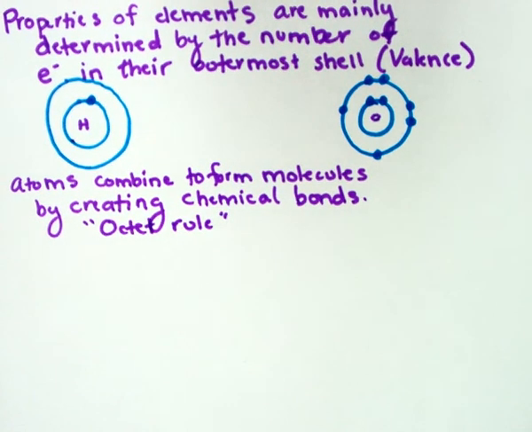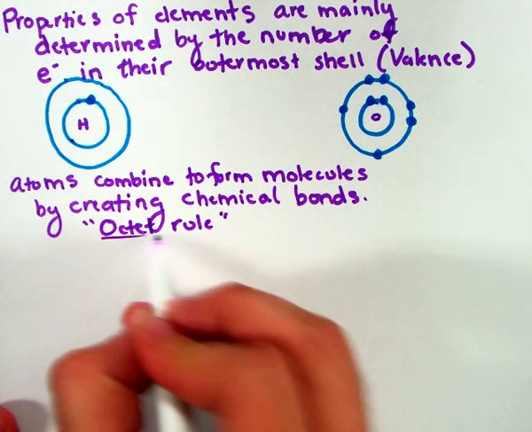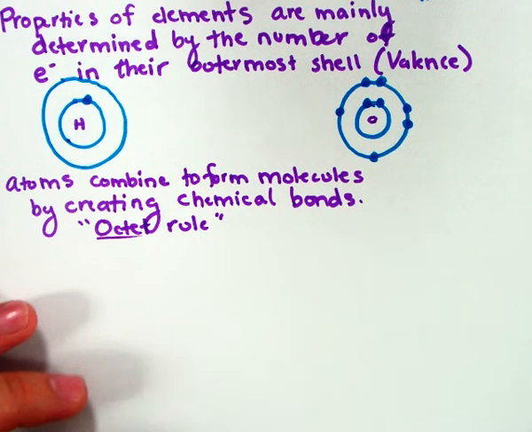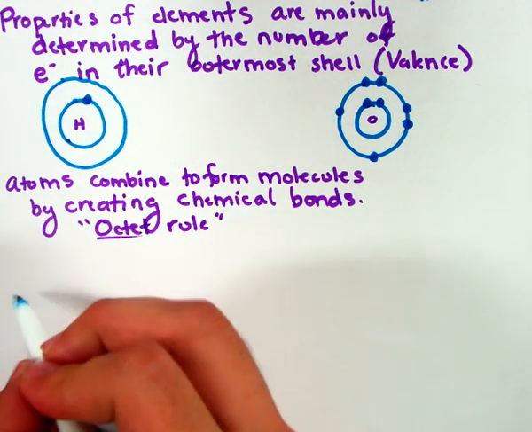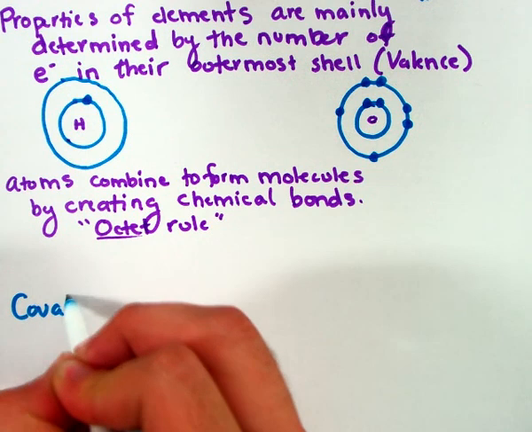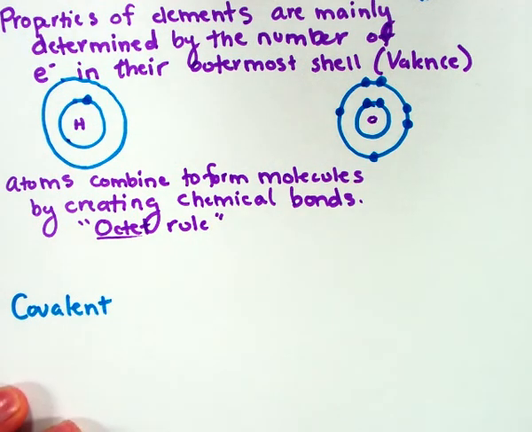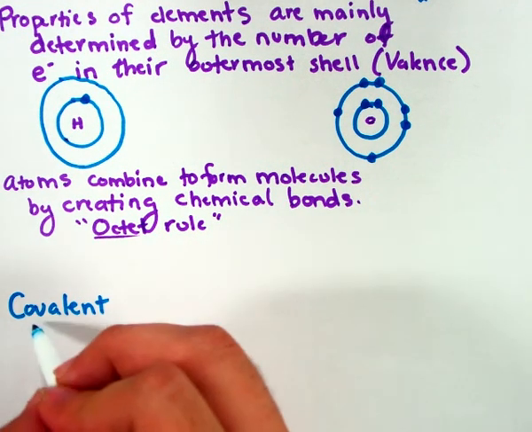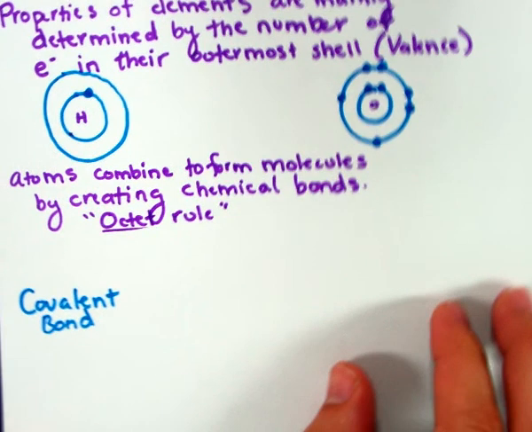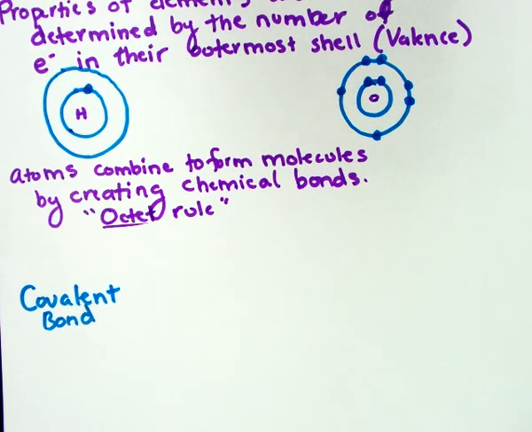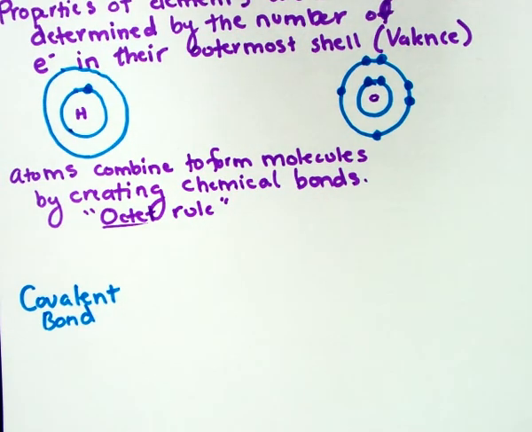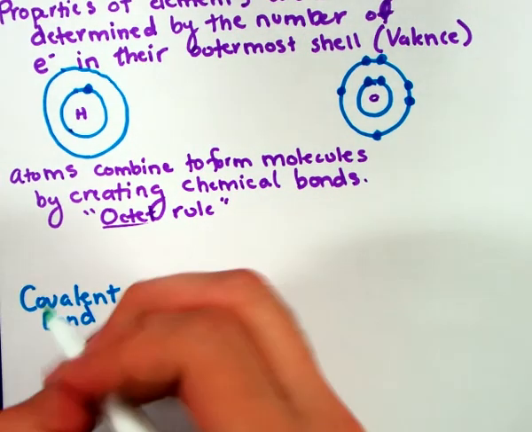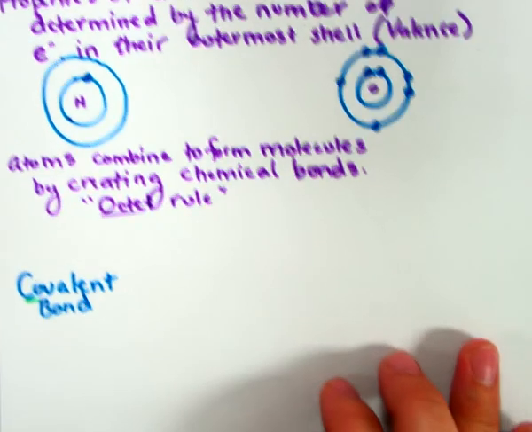Usually it's to fill that second valence shell with 8 electrons. Okay, so there's a couple different types of bonds that we need to be familiar with. The most common that we're going to see is called a covalent bond. I like to think of this co meaning you're sharing your valence electrons.